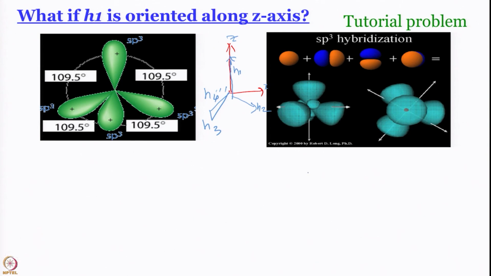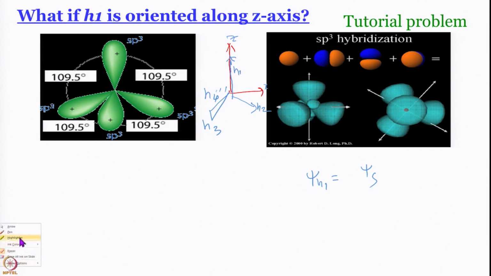So first one, psi H1, let us say is equal to C1 into psi S. No, I will not write C1. Can you tell me what I will write?